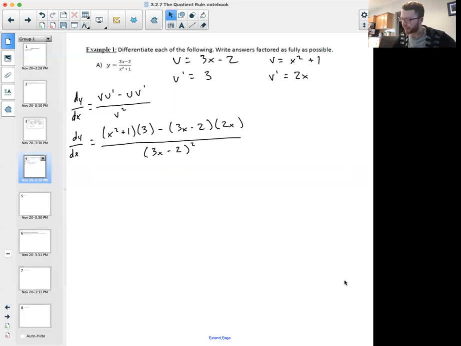At this point, we can simplify, so we can distribute the 3 into these brackets, and same with this 2x.